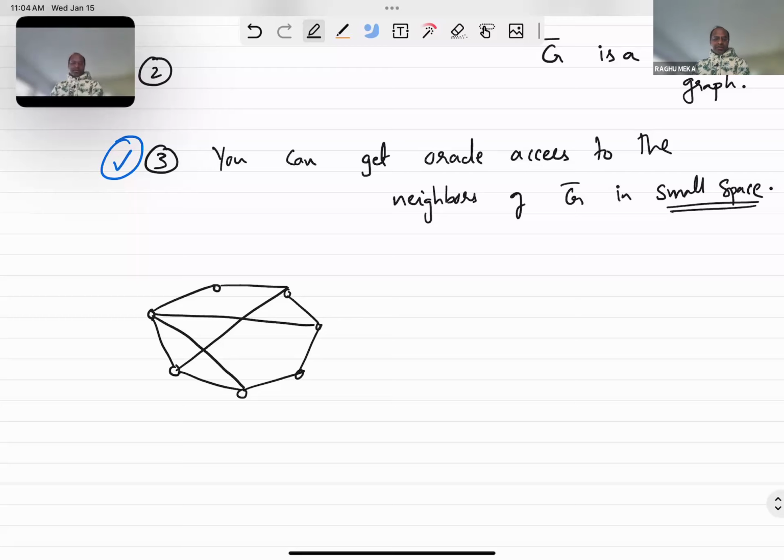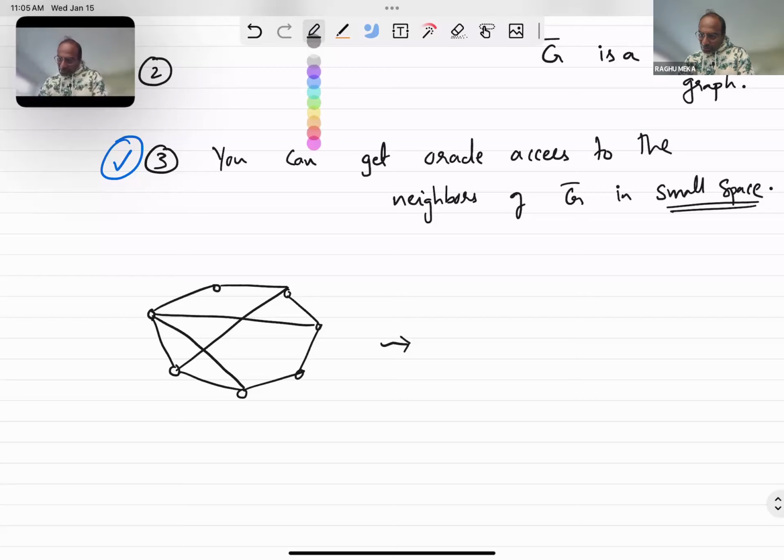If this is my graph, what I'm going to do is add new vertices on every edge. I'm going to increase the number of vertices, but that's okay because the degree is going to be small and the number of vertices is not so large that log of that is going to make a difference.